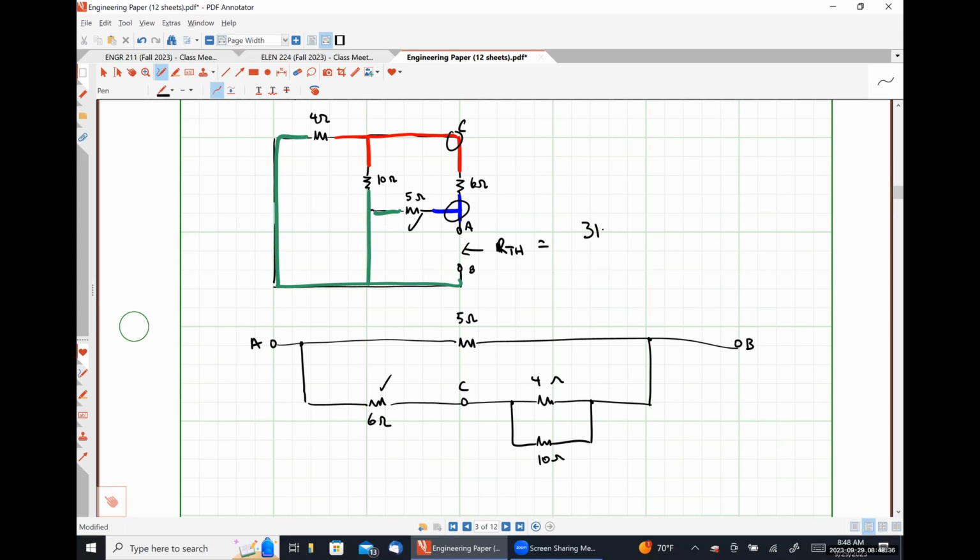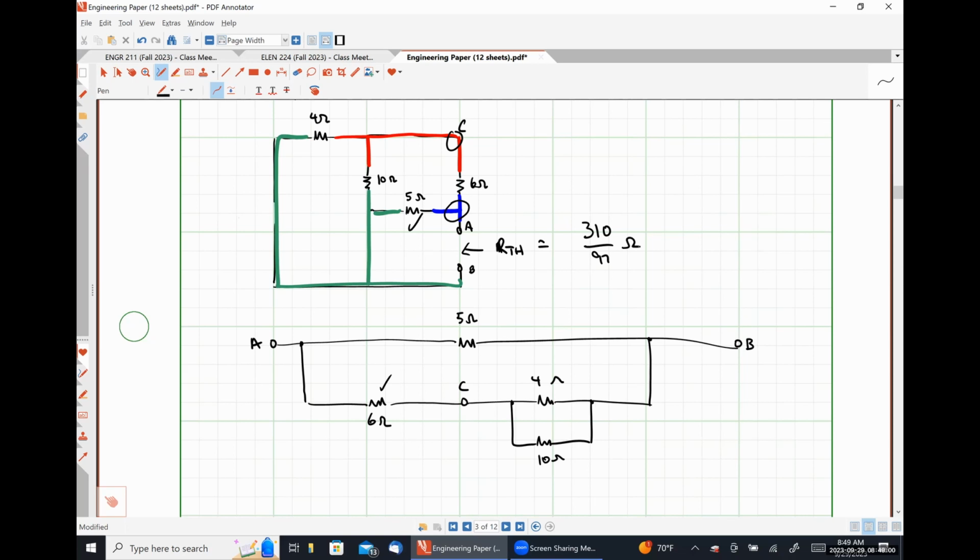I get 310 over 97 ohms. Yep, 310 over 97. Anybody else get that result? Good deal. All right. So we found our Thevenin equivalent resistance.